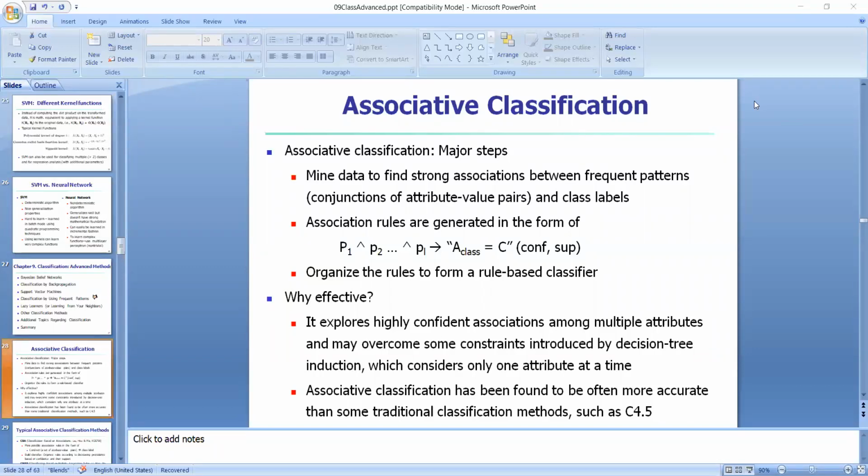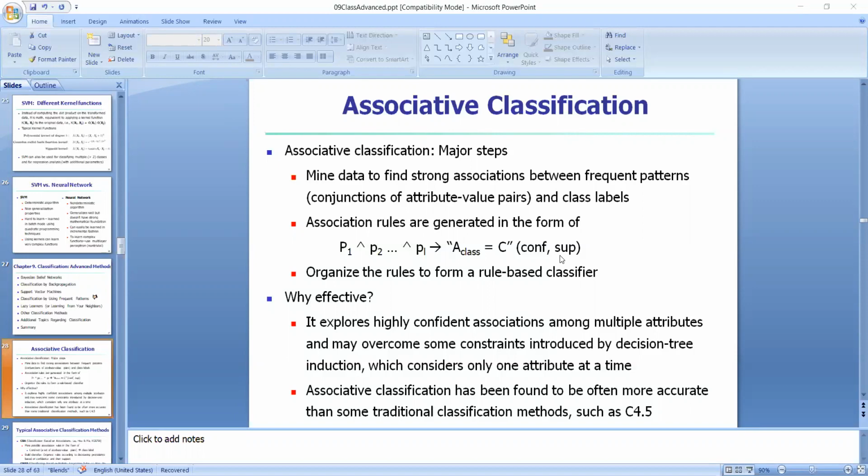In general, take an association rule, for example: P1 intersection P2 gives class equal to C, with a confidence and support. To find an association rule like this, we have a two-step process.